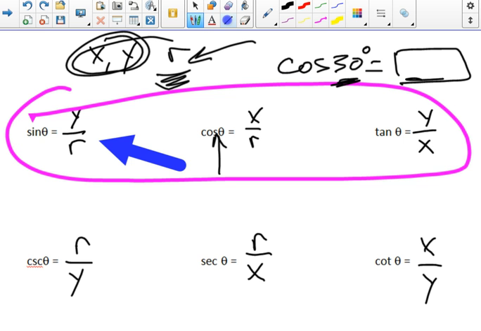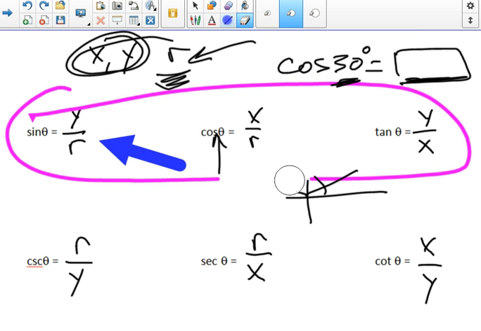No other angle can have that number as the cosine, unless it is like cosine of 150, because it ends up being the same triangle. But unless it's that, you're not going to get the same value for the cosine. And don't worry, we'll get to that in a moment.